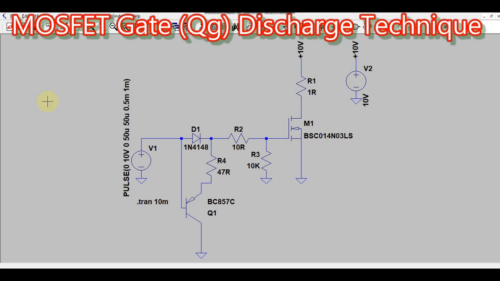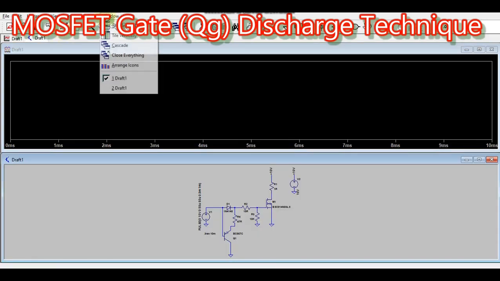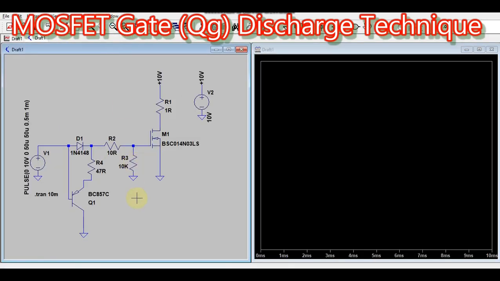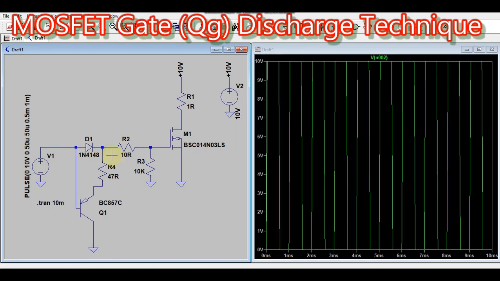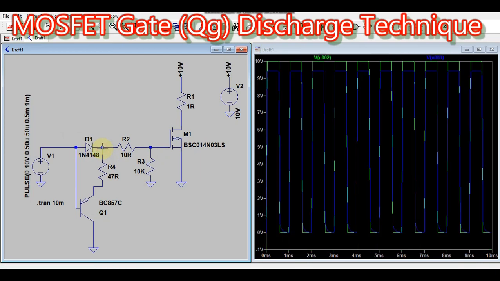So now let me run the simulation and show you the signals. Go to this run button, click it here, then go to window, tile window vertically, and zoom in here. Let me show you the signal here, and here. You can see at the anode of this diode D1 a higher potential, and at the cathode a lower potential, right?